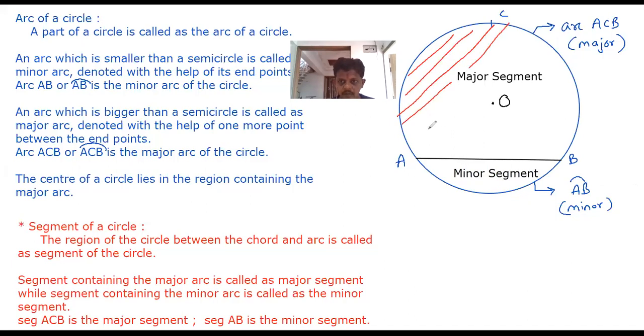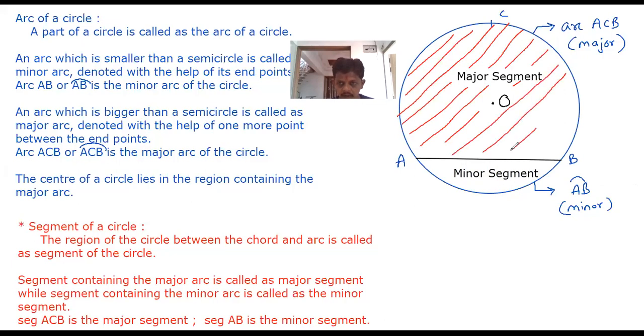Show with your pencil or blue pen some shading. That is the region between the chord and the arc. And then show it with some other color. If possible, show one with black and one with blue. That was the major segment.